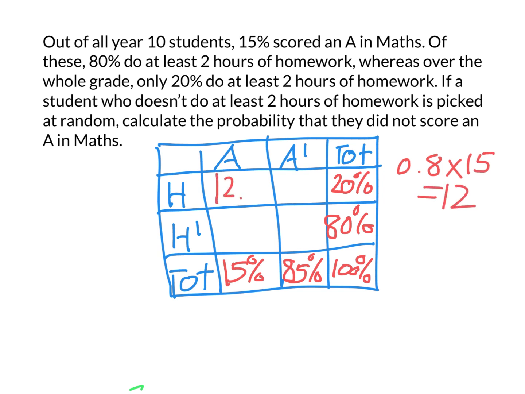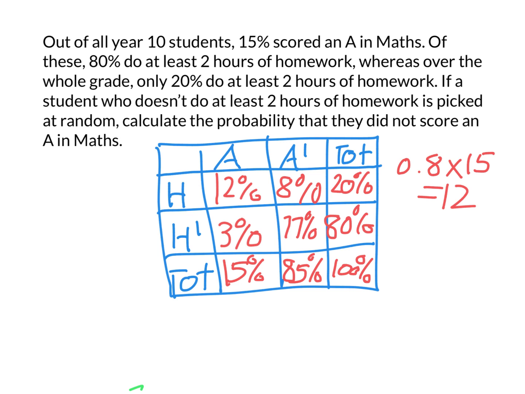So 12% goes here. So I need to put 3% here because this column here has to add to 15%. Of course, I need to put 8% there, so it adds to 20. And then we have 77% here. Okay, so we should have everything add to 100%. If you add these up, we do in fact get 100%.